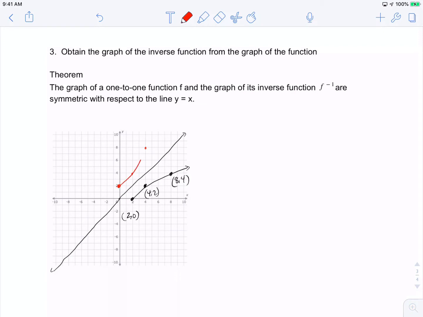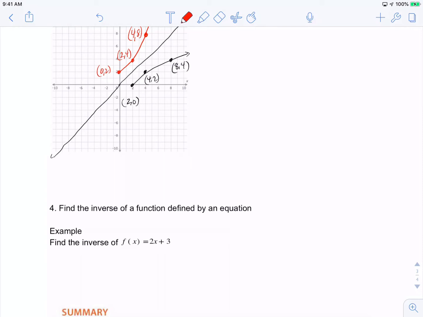And it would look like this. So again, all we did was switch x and y. And that is the inverse function graphically. See how that y equals x line works like a mirror for this inverse function. Okay.